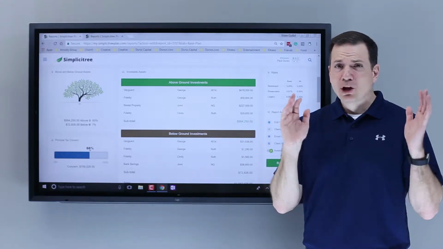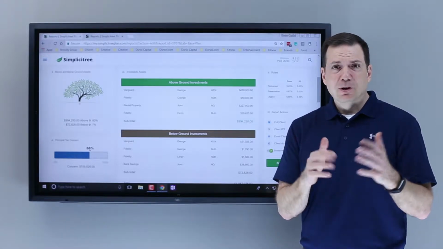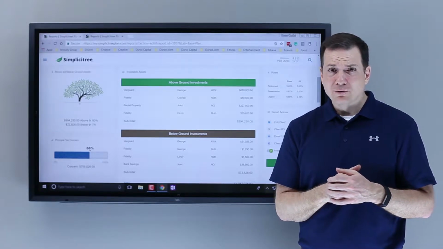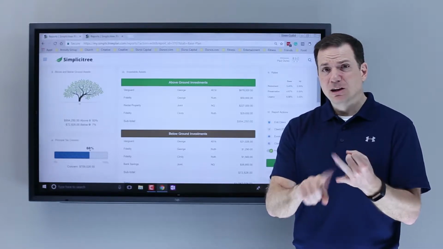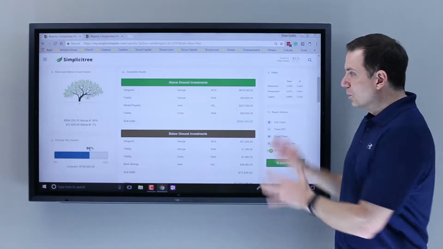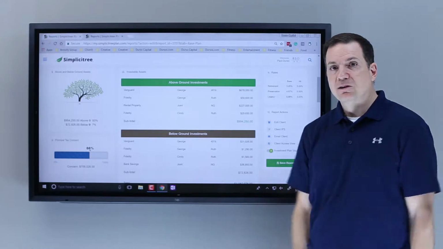I don't care what it is: real estate, stocks, mutual funds, direct participation investments, any other type of investments that you offer outside of bank-backed, government-backed, or insured are really above ground investments. We're not pointing out that they need more below ground investments. They will point that out to you.